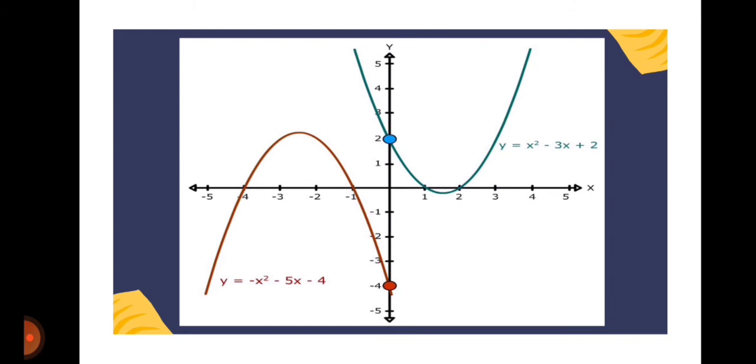Similarly, with the graph of y equals x squared minus 3x plus 2, colored blue, the graph cuts the y-axis at 2, so the point of the quadratic function y equals x squared minus 3x plus 2, colored blue, with the y-axis is (0, 2).